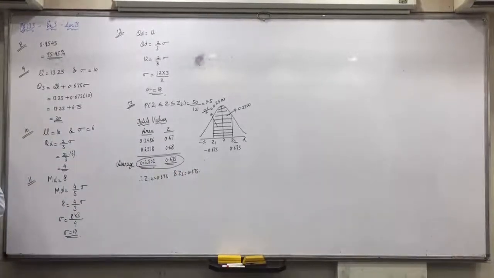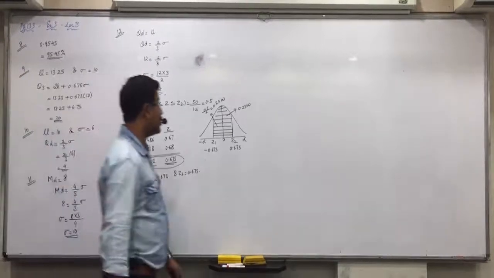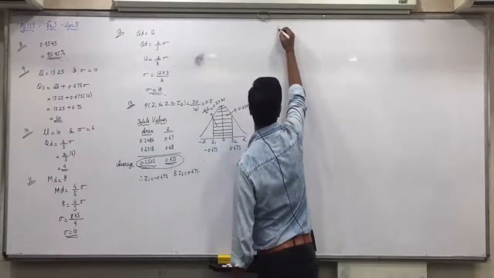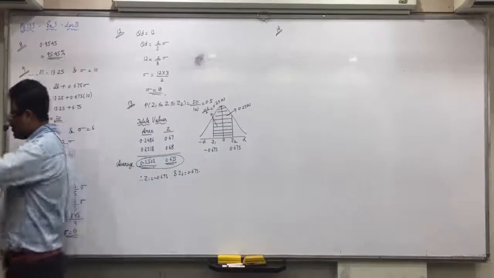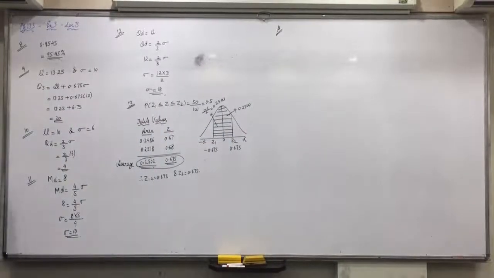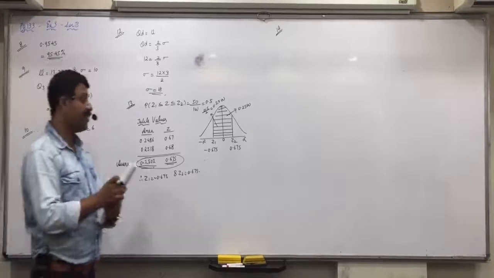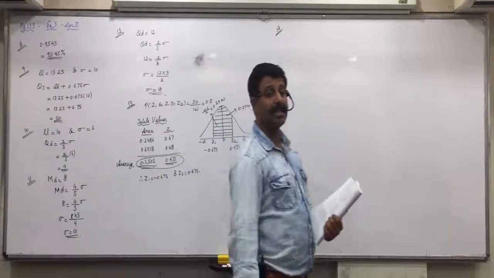Did you understand this, everyone? Thus, the limits of the middle 50% observations of the standard normal variable is minus 0.675 to 0.675.